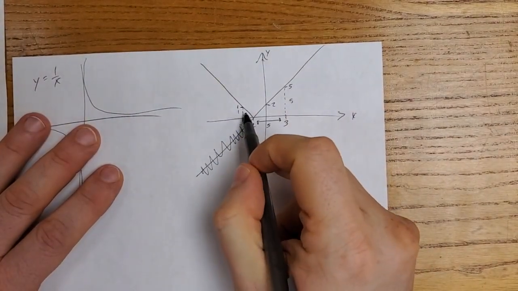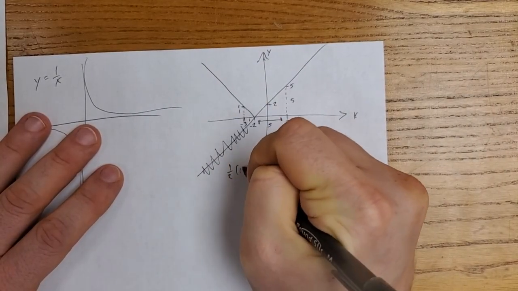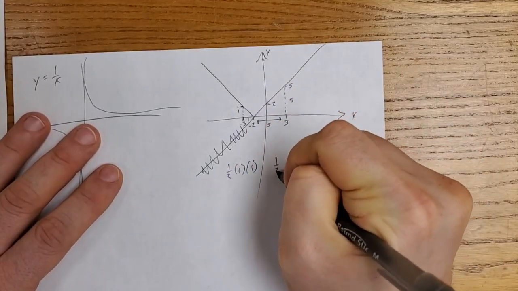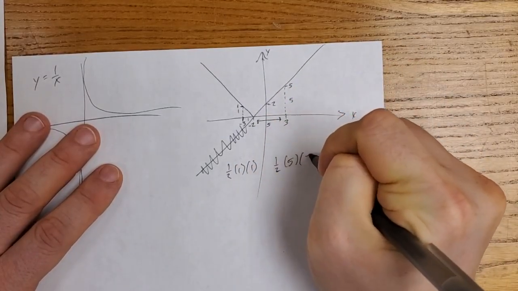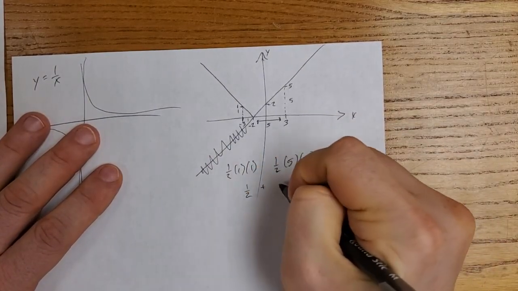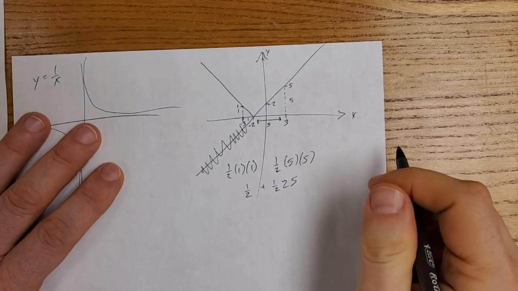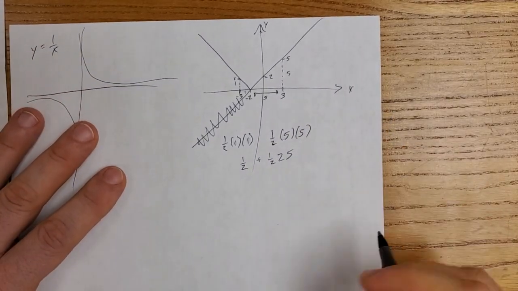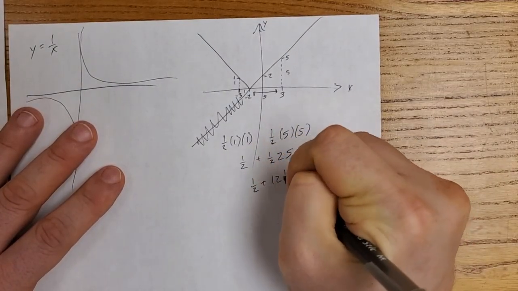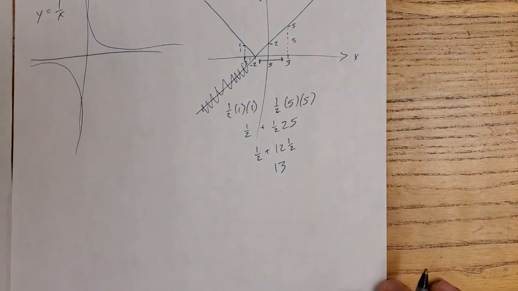So the area of a triangle with a side 1, base 1/2 base times height, and that's 5 and 5, 1/2 of 5 times 5, so 1/2 of 25, half of 25 is 12.5, becomes 13.